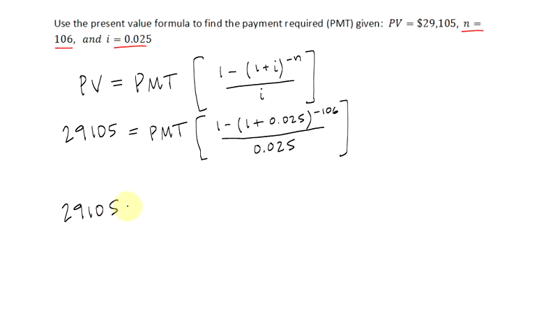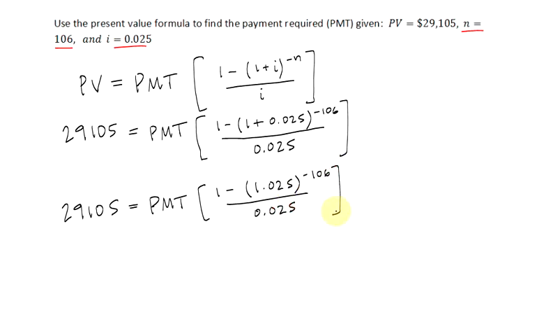As you probably know by doing many of these types of finance problems, when you simplify according to the order of operations, it's best to go one step at a time so that you don't make a goofy mistake. So 1 plus 0.025 is going to be 1.025. Again, that's raised to the negative 106 power, all divided by 0.025.